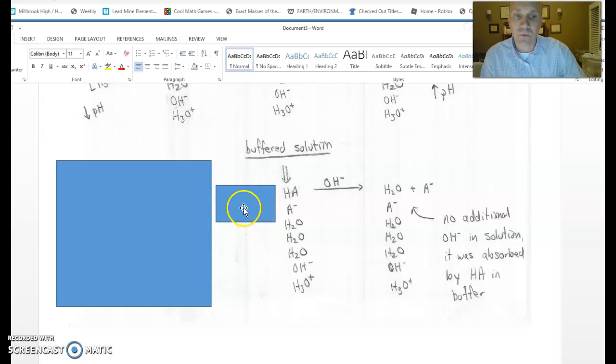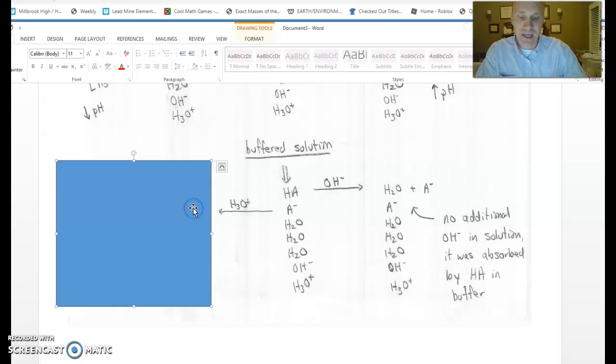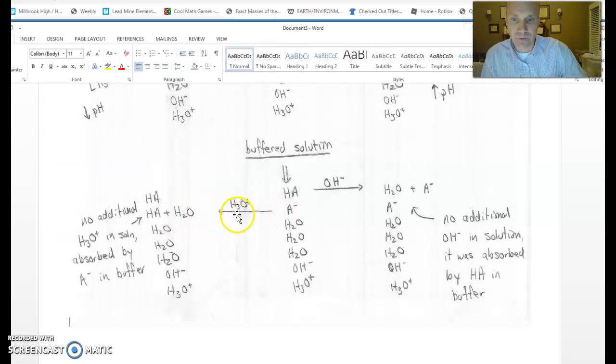All right, so by contrast, what's going to happen if we add H3O plus? Well, recall that we've got 50-50 of these in here. And if we add H3O plus, the thing that's going to absorb that is this A minus right here. So if H3O plus gives an H plus to A minus, that's going to result in this reaction right here, this second line. That's going to give an extra HA.